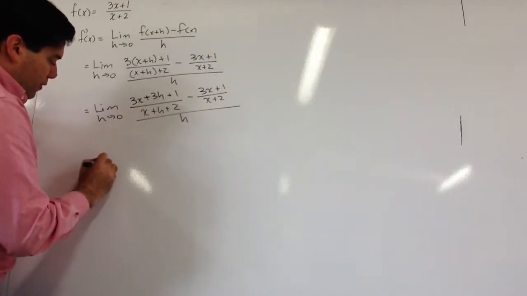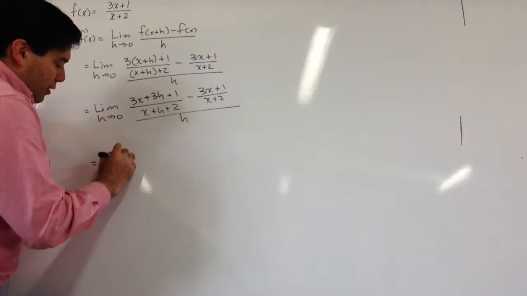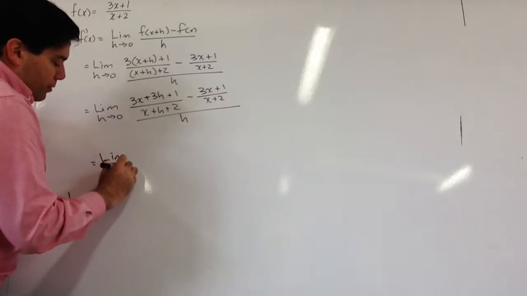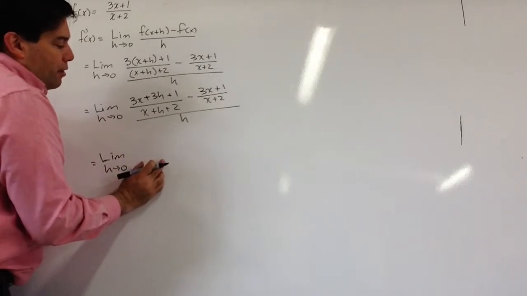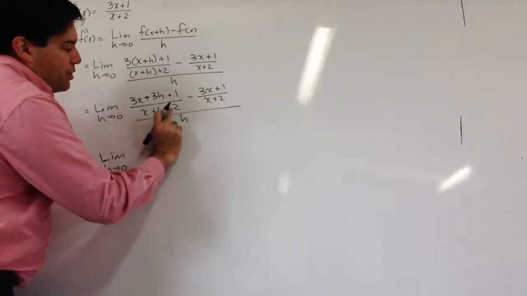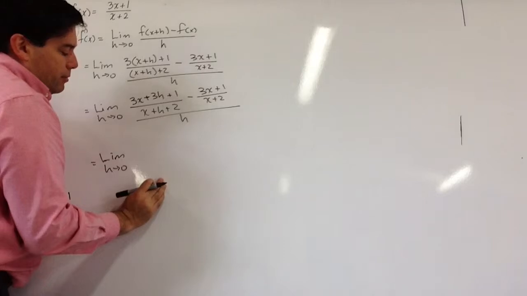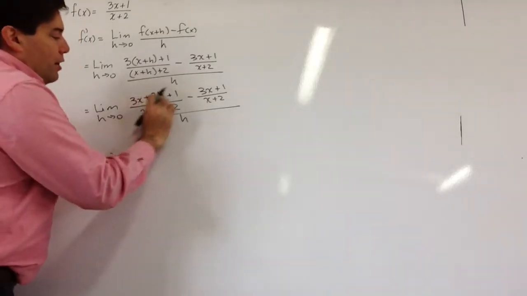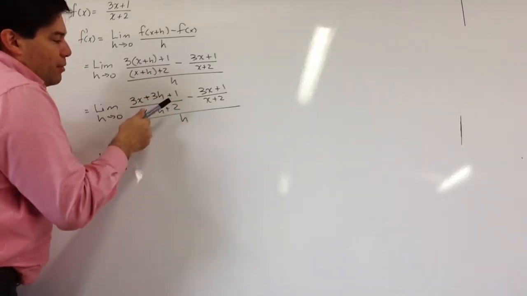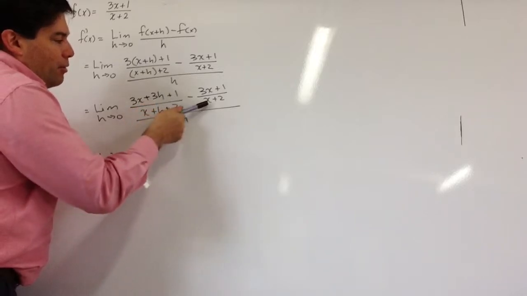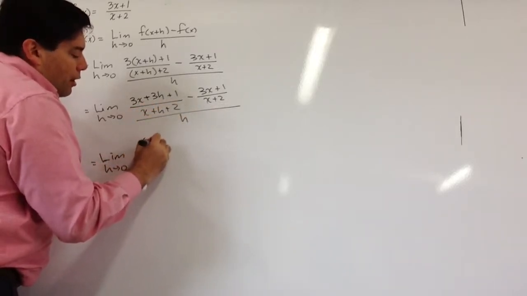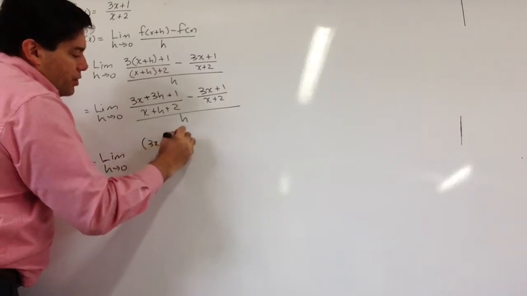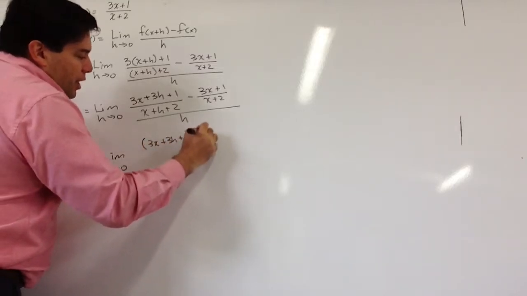So this is the limit as h approaches 0. The common denominator appears to be x plus h plus 2 times x plus 2. So in this fraction I would have to multiply both numerator and denominator by x plus 2. So that would be 3x plus 3h plus 1 times x plus 2.